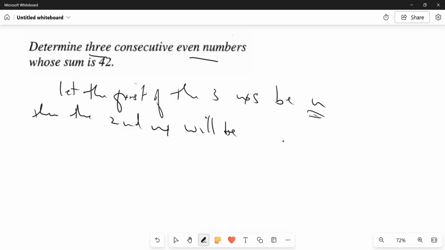How far apart are even numbers? 2, 4, 6, 8. How far apart are they?